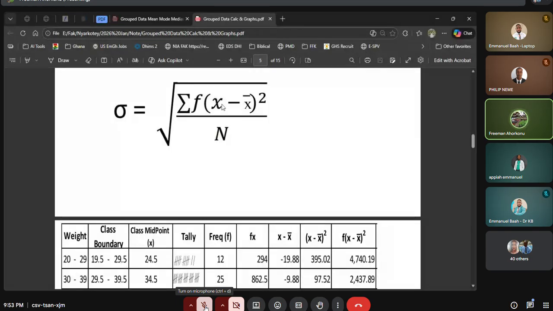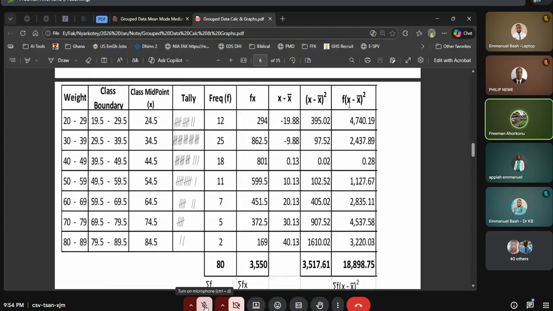After that, this sign tells you to add everything. So we are adding everything under this column. And when you add it, that's what you have here: 18,898.75.